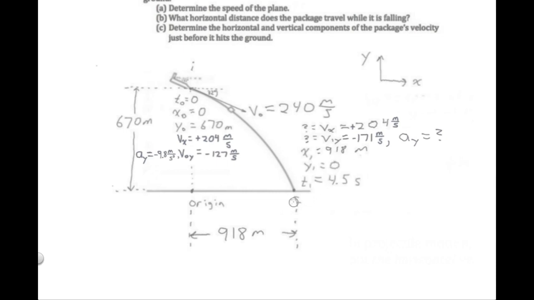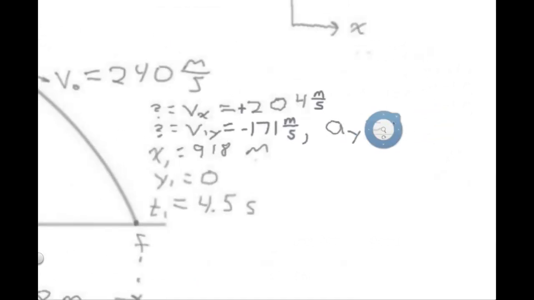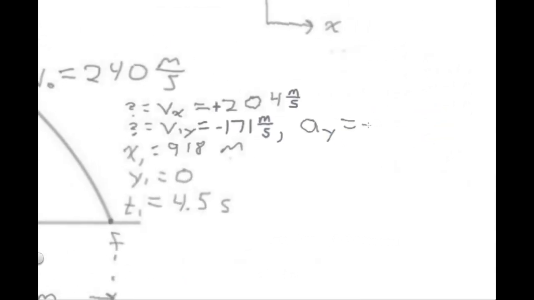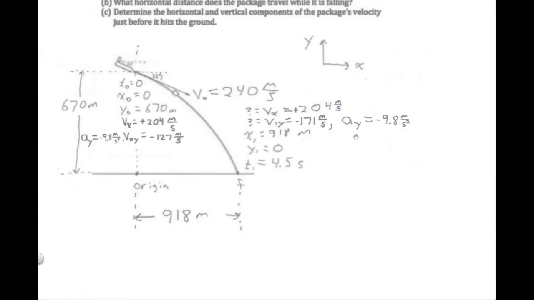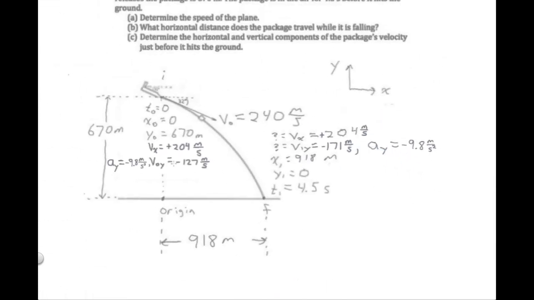Well, remember that we're treating time 1 as the last point in the projectile motion. And during projectile motion, a sub y is always negative 9.8 meters per second squared. So the a sub y here is still negative 9.8 meters per second squared, just like at time 0.